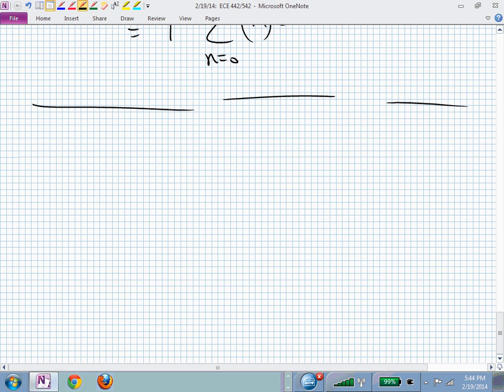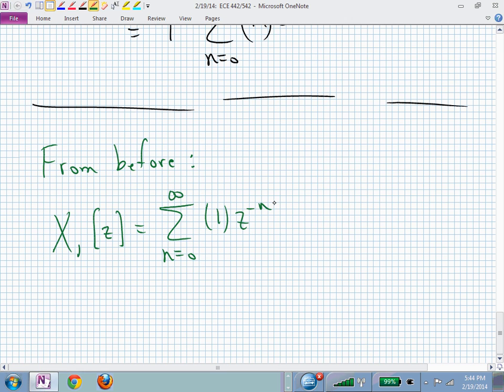So let's look at an easier case, and that is with respect to a constant or a unit step. From before, we have derived the z transform of a constant or of a unit step. Let's call that X1 of z. That's this sum from n equals 0 to infinity of 1 times z to the minus n.